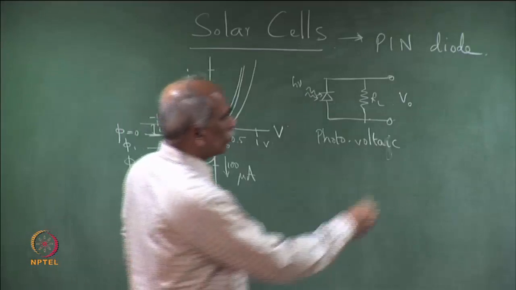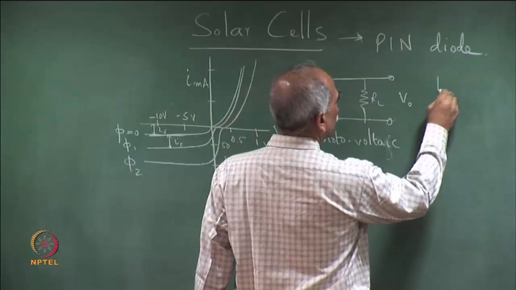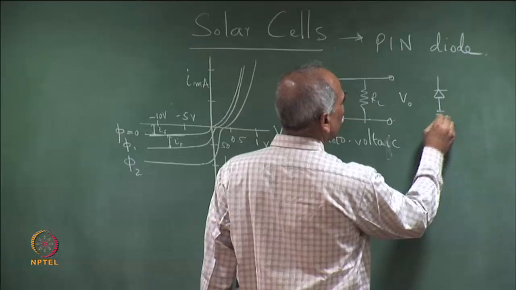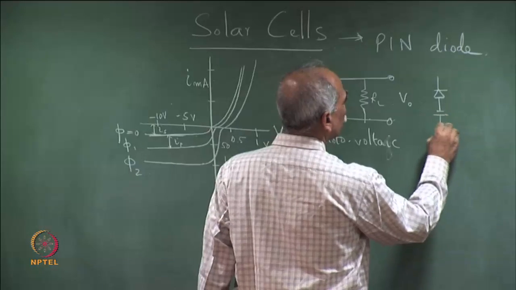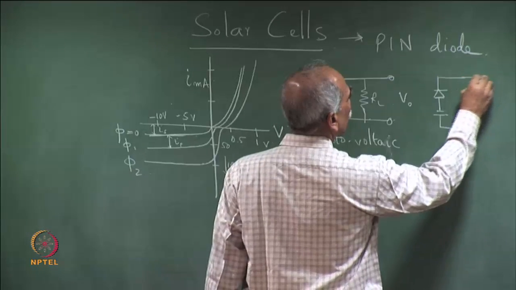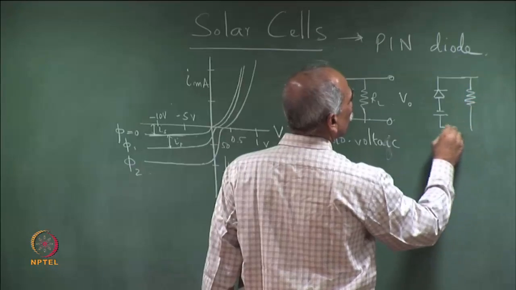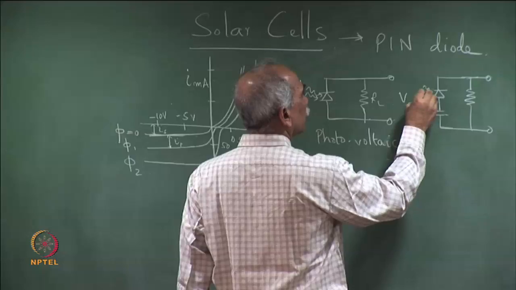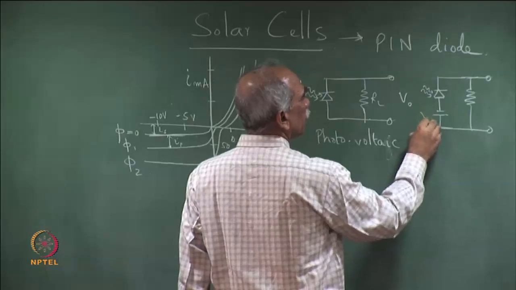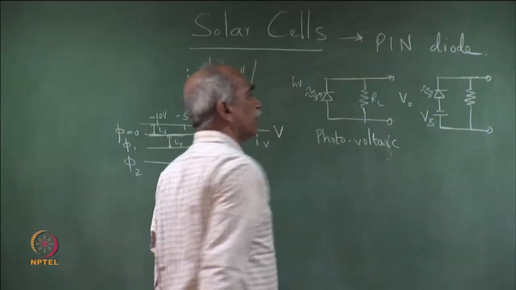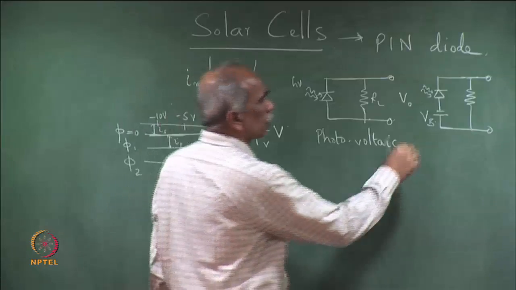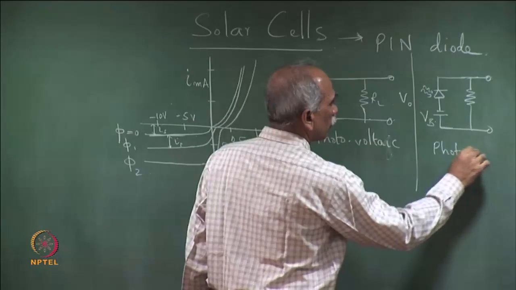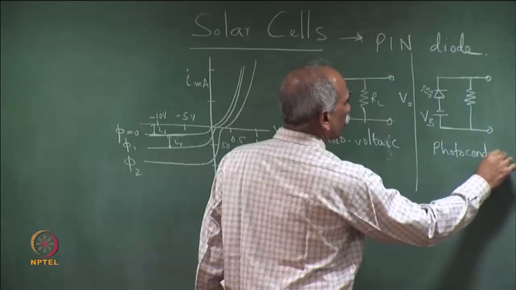The photoconductive mode, on the other hand, had a reverse bias which we had applied. So, this was V_B. The same photodiode, but now we have a reverse bias voltage, and this is the photoconductive mode of operation.